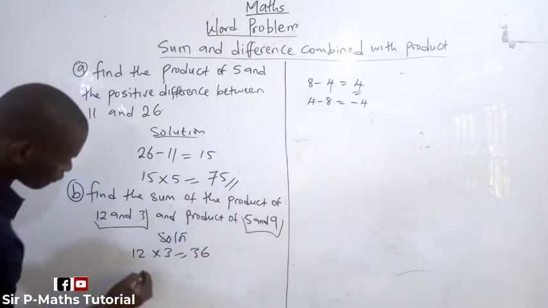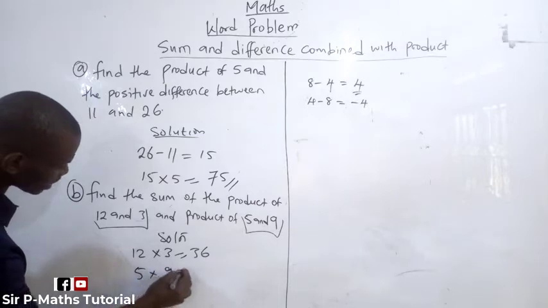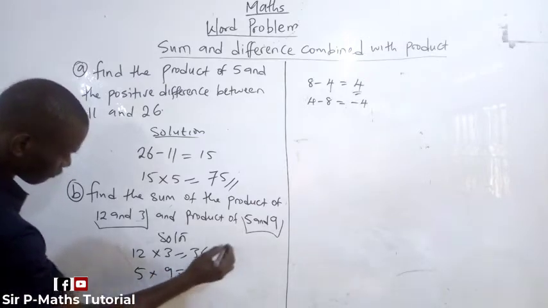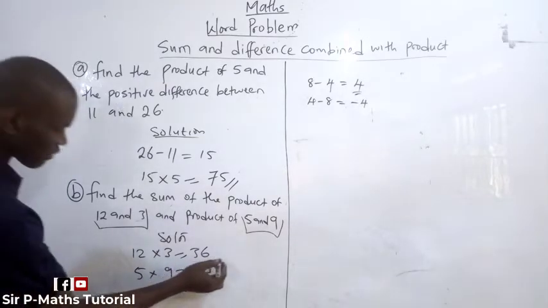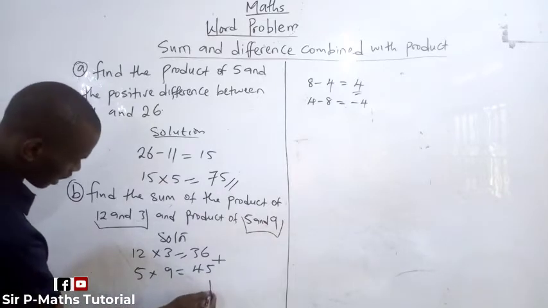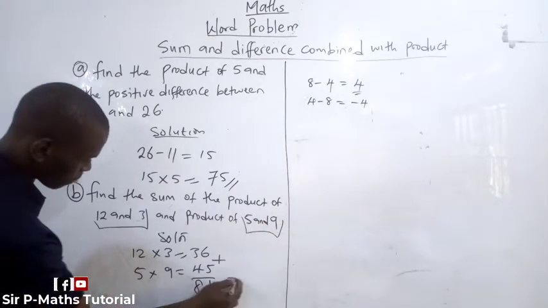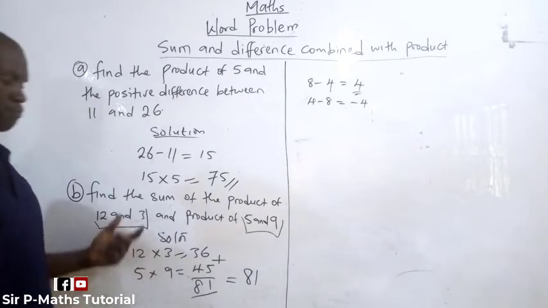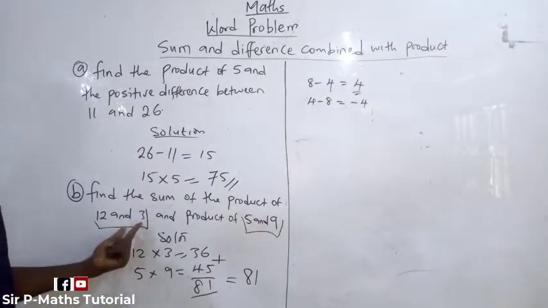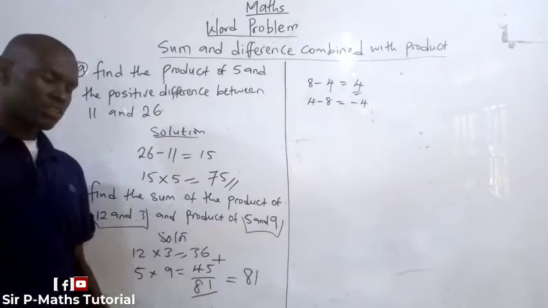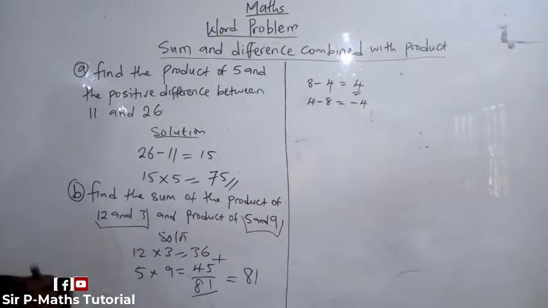The product of 5 and 9 will give me 45. Therefore, adding the both of them, I will have 81. Therefore, the sum of the products of 12 and 3, 5 and 9 is 81.